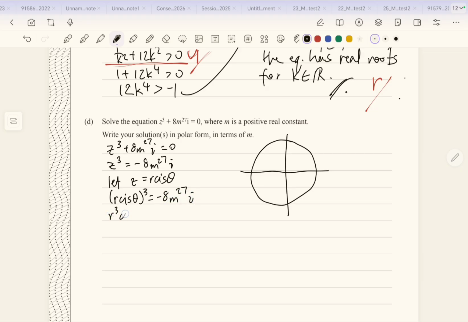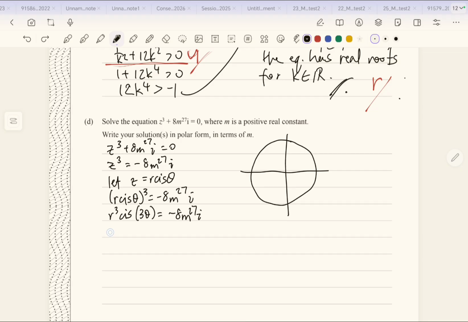So r cubed cis 3 theta equals negative 8m to the 27i. I get this by using De Moivre's theorem. Refer to the formula sheet for that. When we have this, r is always a positive real number. So therefore r cubed, or r to the anything, cannot be negative.